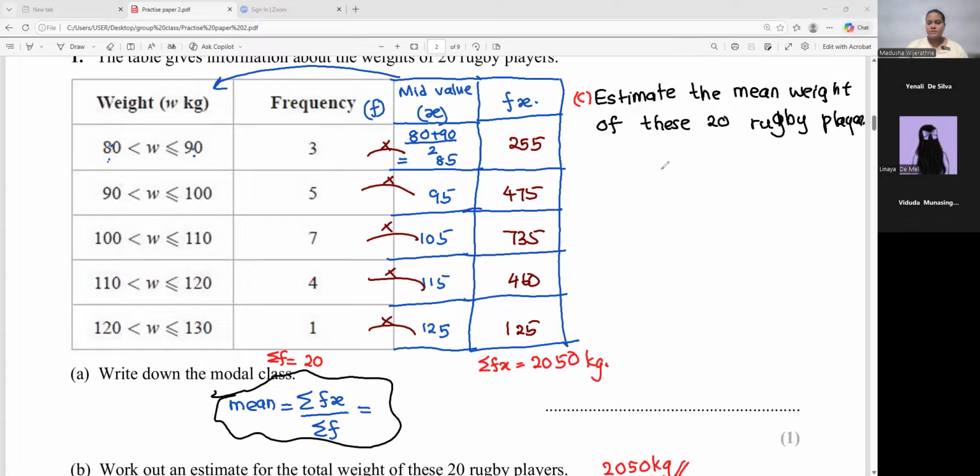Mean is equal to sigma fx, sum of all those fx values, divided by 20. This is the estimate mean. We can find an estimate, rough answer for the weight of one rugby player: 102.5 kilograms. This is the mean.